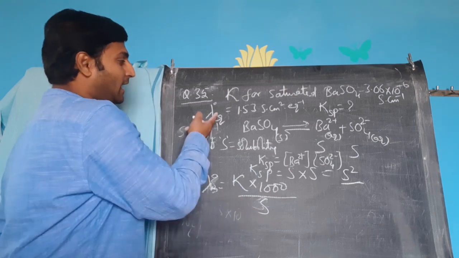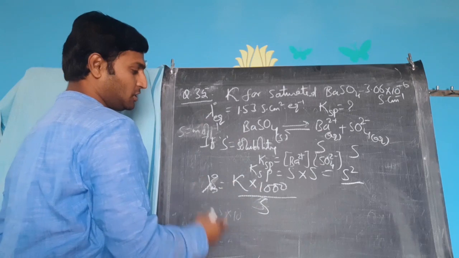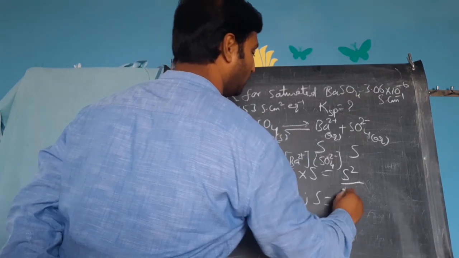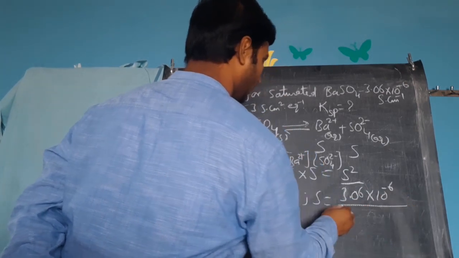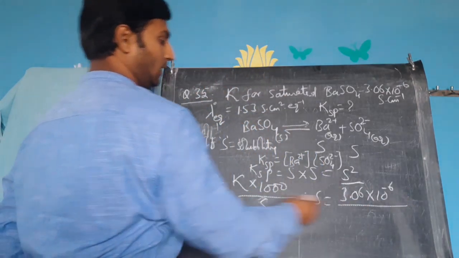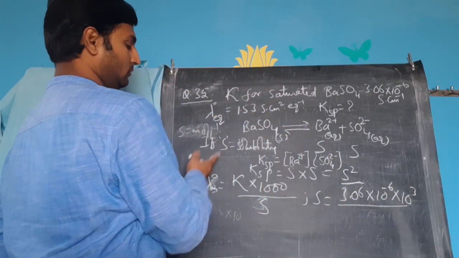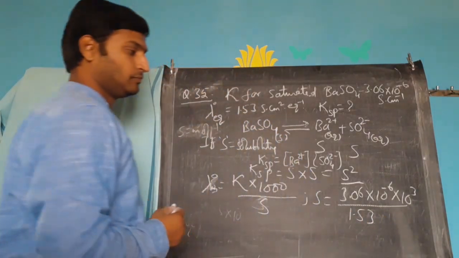Now lambda naught equivalent he has given you, substitute it here. So S is equal to kappa value 3.06 into 10 power minus 6, into 1000 of course, 10 power 3, divided by lambda naught, 1.53.